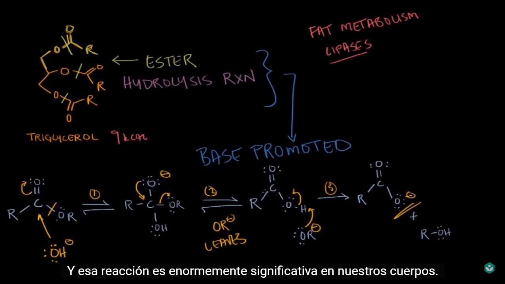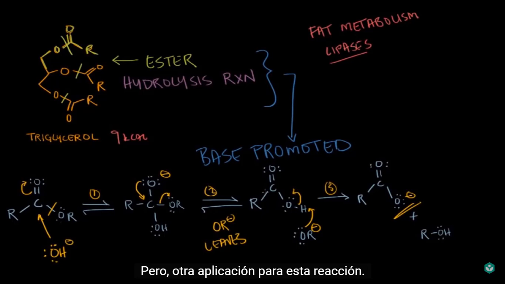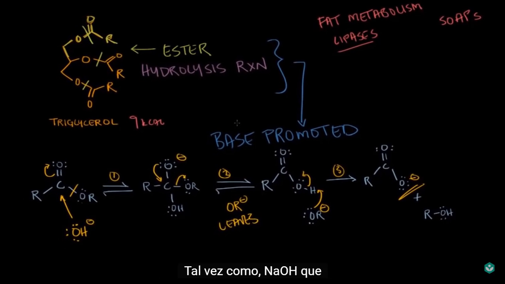And that reaction is hugely significant in our bodies, but another application for this reaction is actually in the creation of soaps. What happens is when you use a strong base like NaOH, which is sodium hydroxide, as this base promotion, you end up with a sodium cation at the beginning of this reaction.